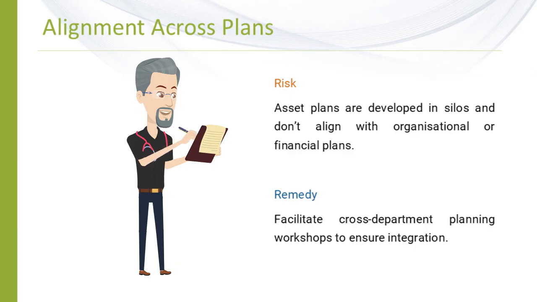So we can, again, consider this whole alignment piece by conducting workshops that bring in the different functions, the different cross-departmental heads, and actually look at what does integration mean. Am I actually creating a decision in one area of the business that's going to have a negative impact in another area of the business? Again, that life cycle approach will bring that alignment and make sure we're complementing our plans, not conflicting them.